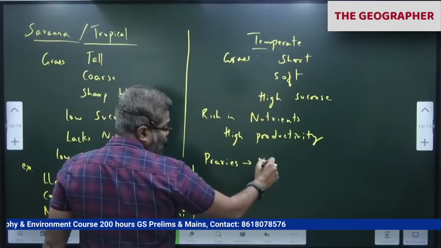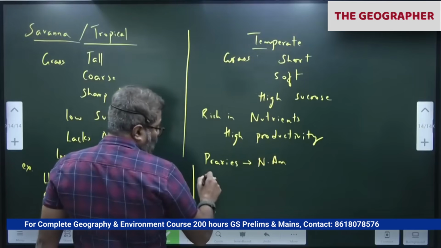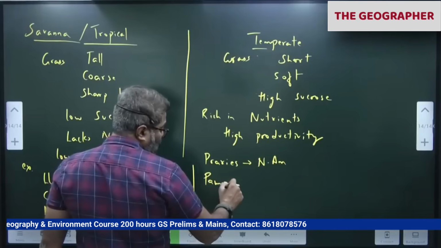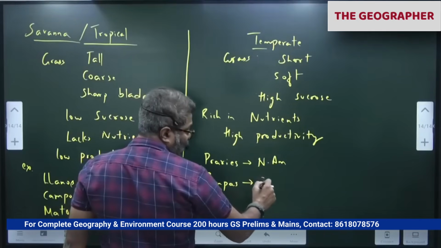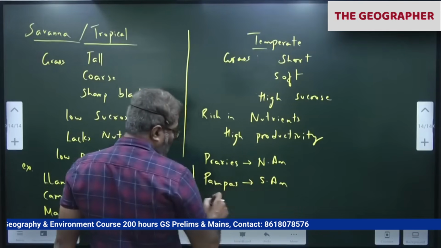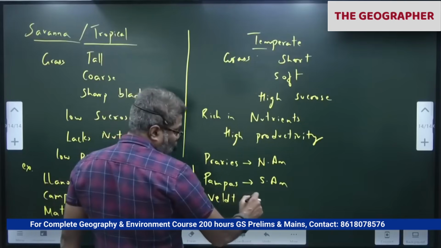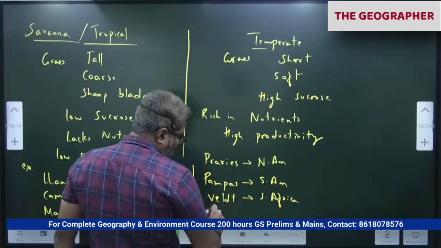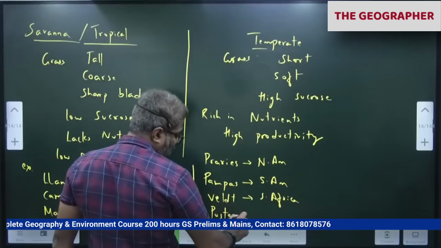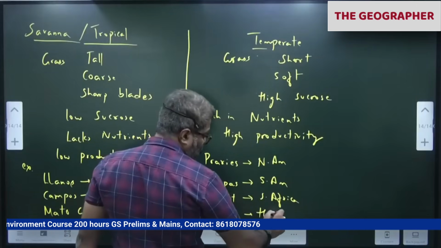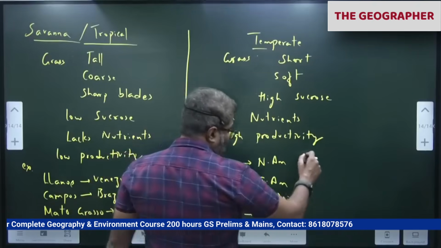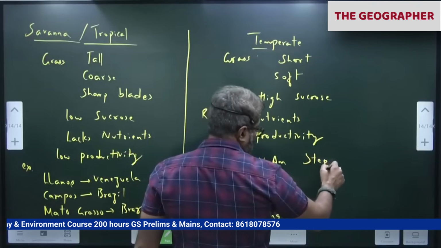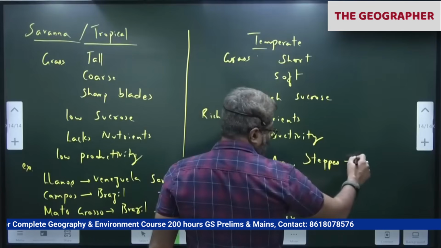Okay, in North America places are, example, prairies, North America, Canada, US. Pampas, Argentina, South America. Veld, South Africa. Pusztas, Hungary, Europe. Steppe, entire Eurasia.